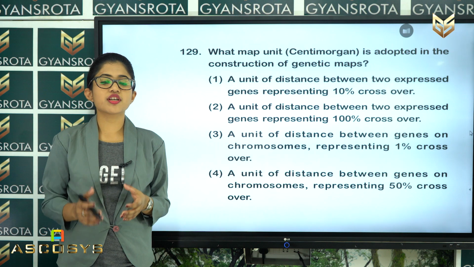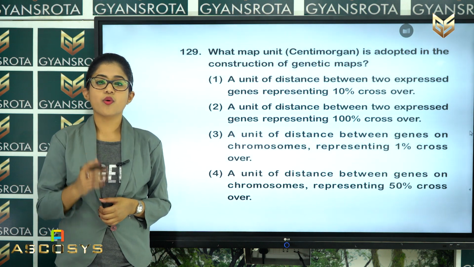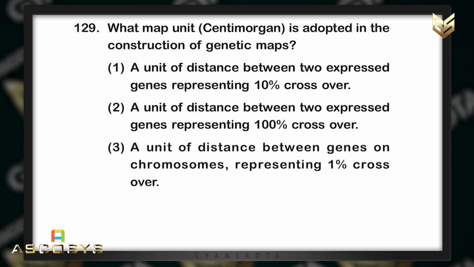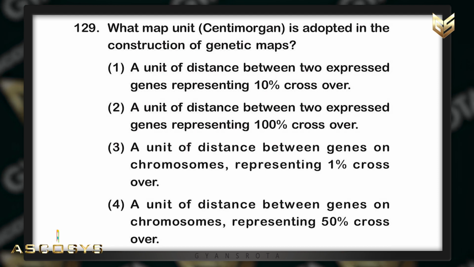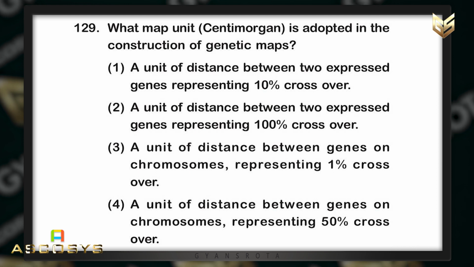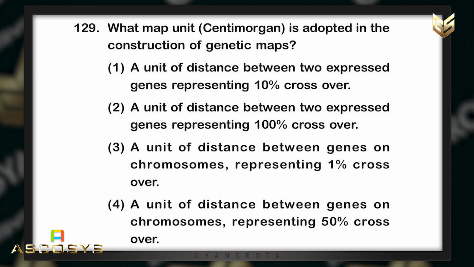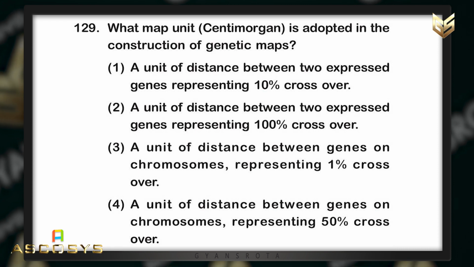In question number 129, what map unit, that is centimorgan, is adopted in the construction of the genetic map? First option is a unit of distance between two expressed genes representing 10% of the crossover. Second option is a unit of distance between two expressed genes representing 100% crossover.